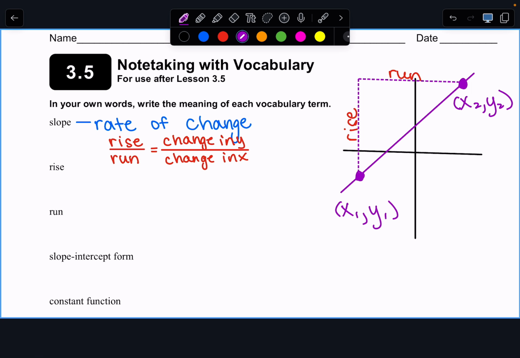But if we don't have a graph, then this is how we're going to calculate our slope. M stands for slope. To calculate our rise, our change in y, we take y2 minus y1. That will give us our rise. Then we do x2 minus x1. That will be our run, our change in x.